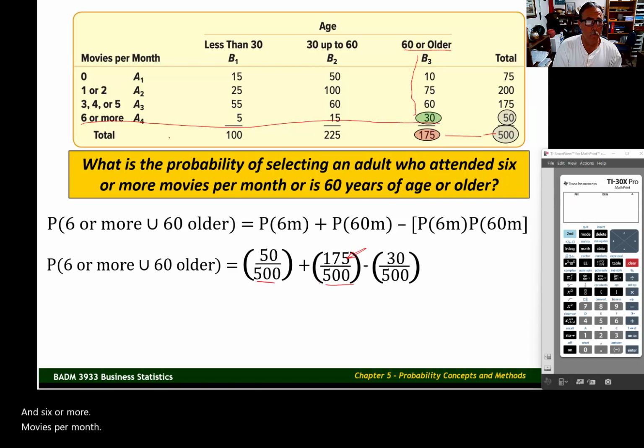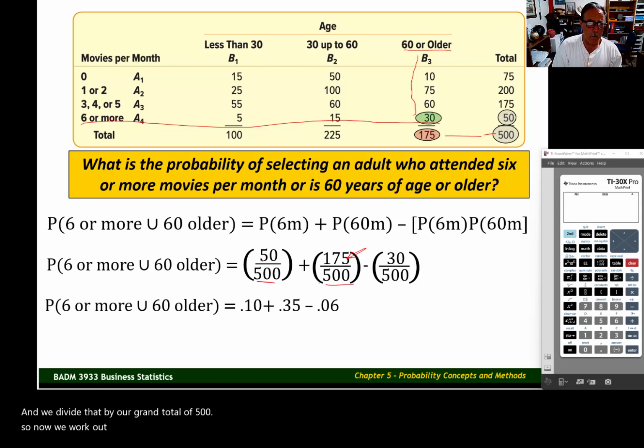So that's where the row in this column intersects at 30. And we divide that by our grand total of 500. So now we work out the probabilities here. 50 divided by 500, 0.1. 175 divided by 500, 0.35. Then 30 divided by 500, 0.06.